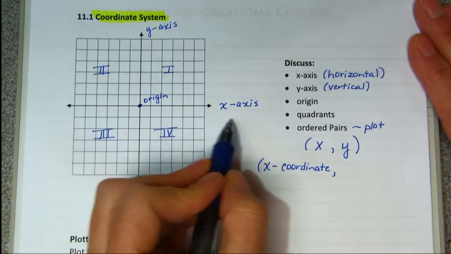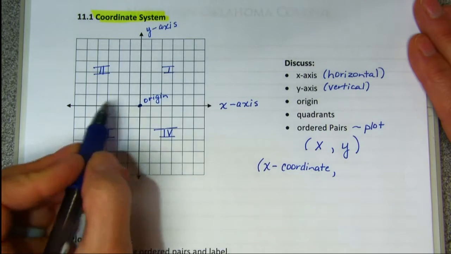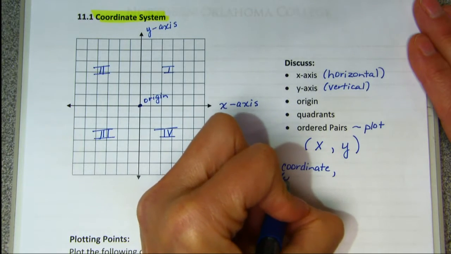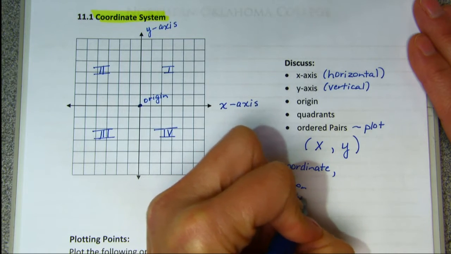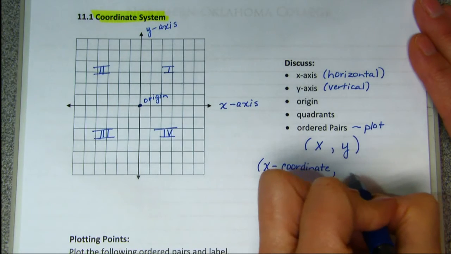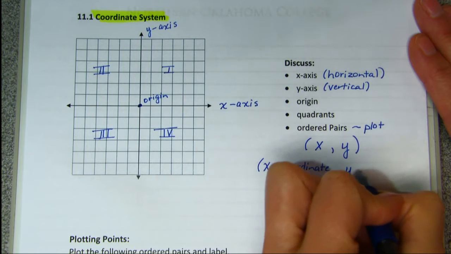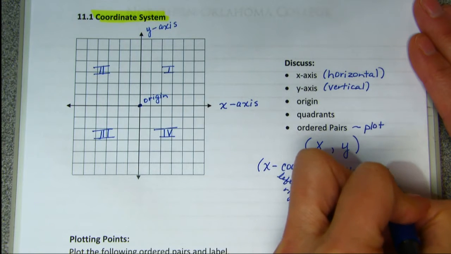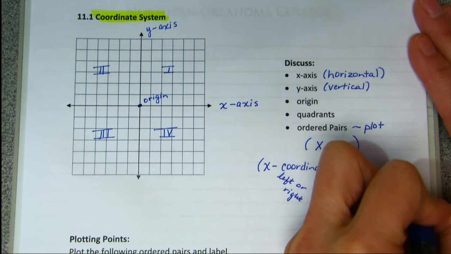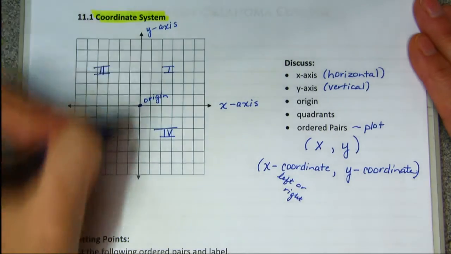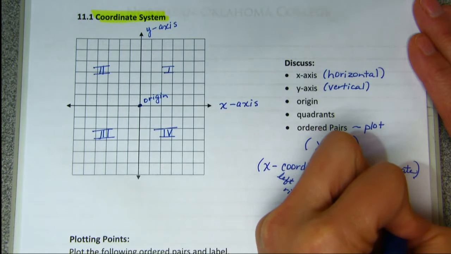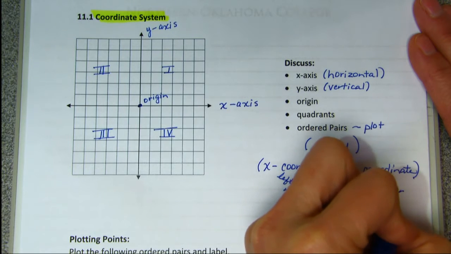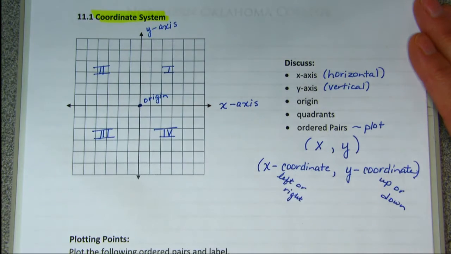So that means you will move left or right. The second number is your y-coordinate, and that is in relationship to this vertical line, so that means you will move up or down.